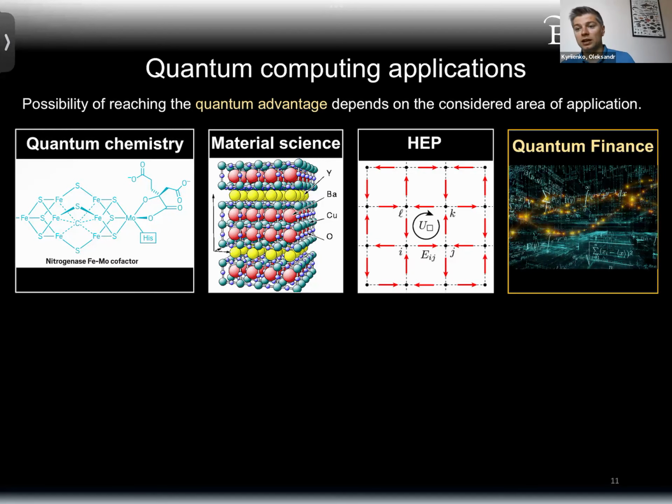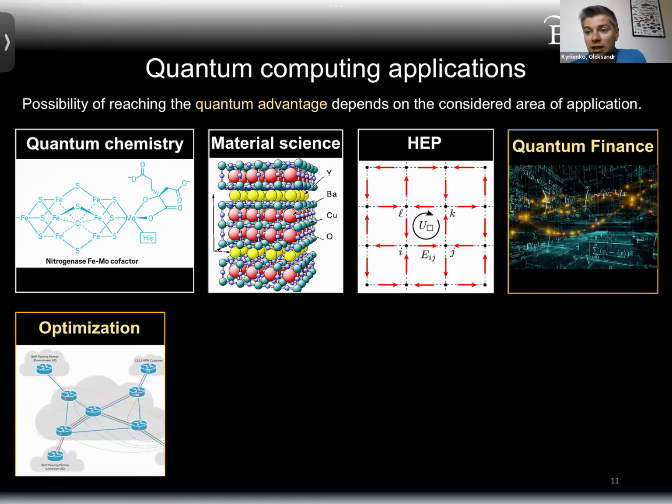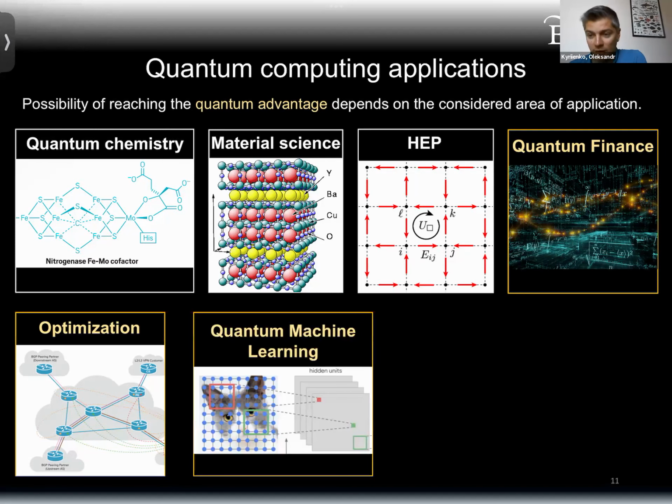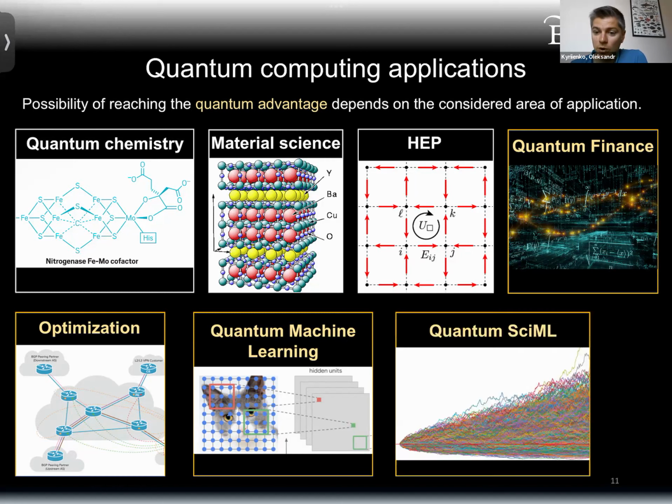Other areas, a little bit more heuristic, that were proposed are quantum finance, but it's very difficult to understand what is actually the essence of quantum finance. So for me, it's the combination of solving optimization problems that are everywhere in the finance area, quantum machine learning itself with different applications, and quantum scientific machine learning that's related to solving differential equations, and specifically stochastic differential equations that you would use in finance.